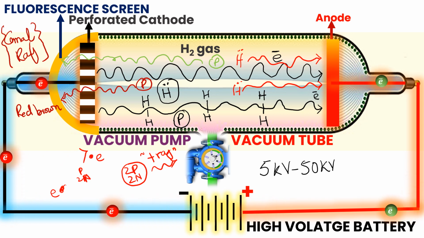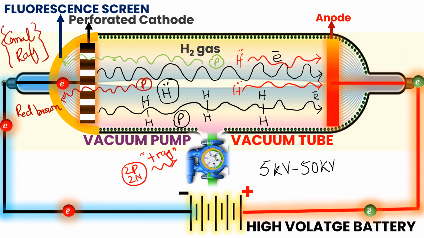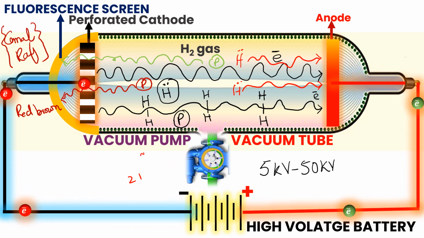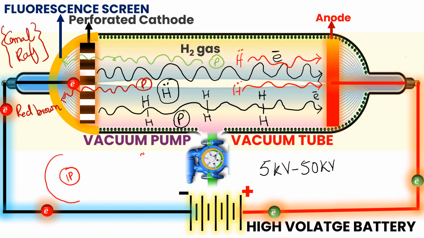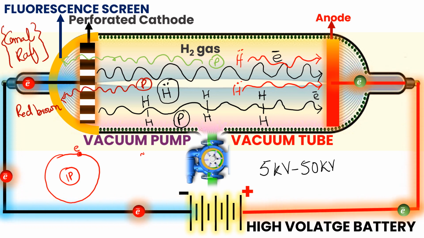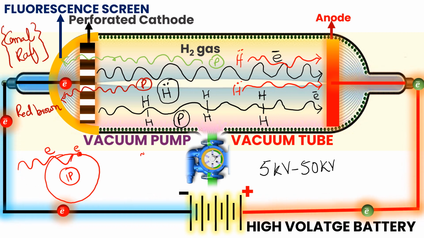Whereas in the case of the hydrogen atom, hydrogen has a nucleus with only one proton. It has no other particle in it, as well as one electron. So when cathode rays with negative charge fall on the hydrogen atom, it will be converted into an electron as well as the nucleus of the hydrogen atom, which has only one proton.